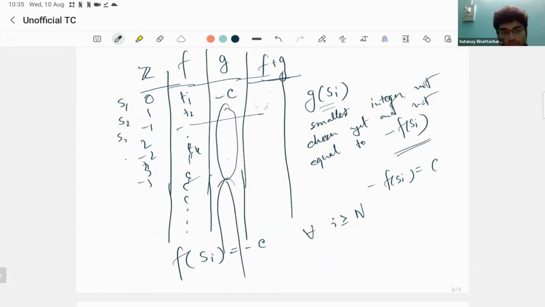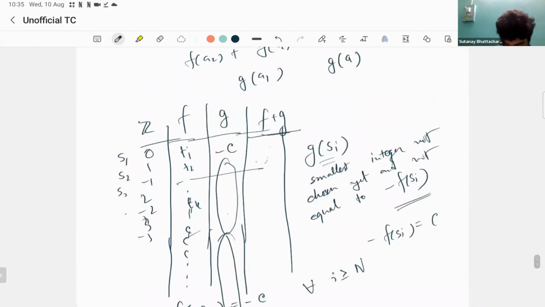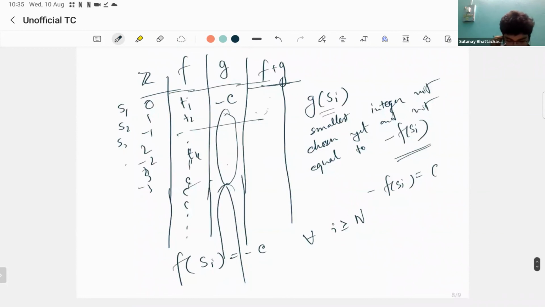We can just enumerate them and put them one after another. That's pretty much it. So that's the idea. Let me know if there are any questions on this.